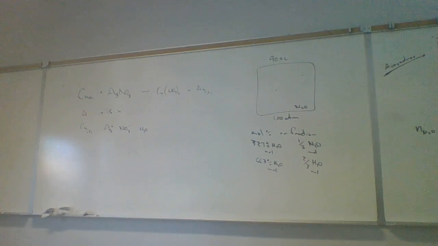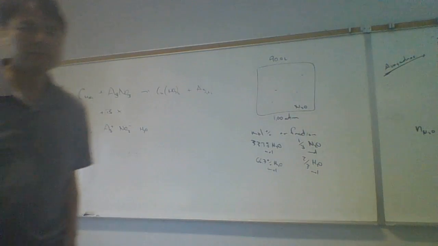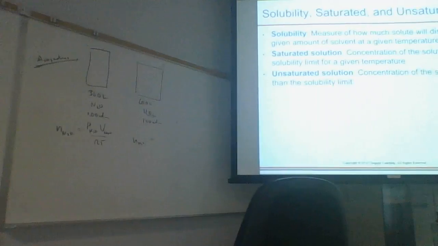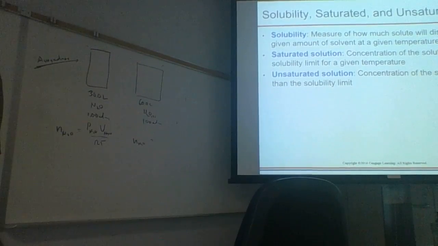We talked about solubility. There's two definitions of solubility. There's one: will it dissolve or won't it dissolve? Do you remember the solubility rules? The solubility rules are if more than 0.1 moles dissolves in a liter, then we call it soluble.